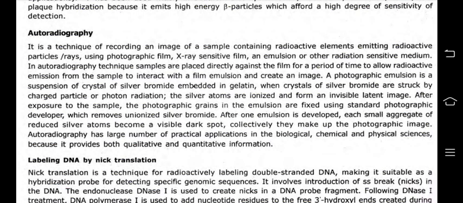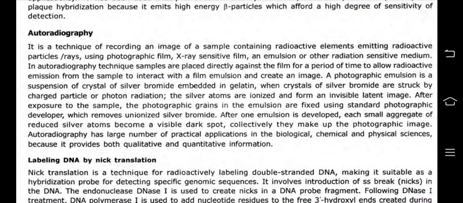A photographic emulsion is a suspension of crystals of silver bromide embedded in gelatin, where when crystals of silver bromide are struck by charged particle or photon radiation, the silver atoms are ionized and form an invisible latent image. After exposure to the sample, the photographic grains in the emulsion are fixed using standard photographic developer which removes unionized silver bromide.